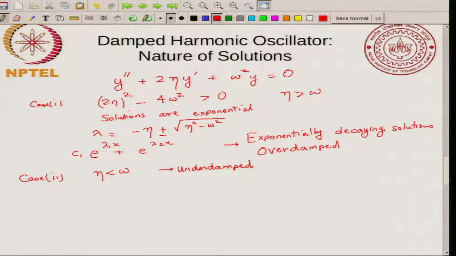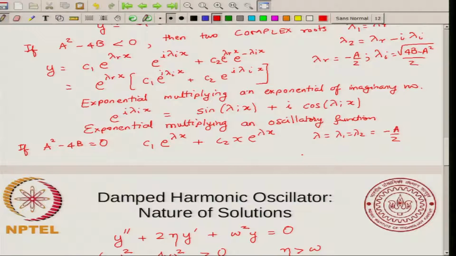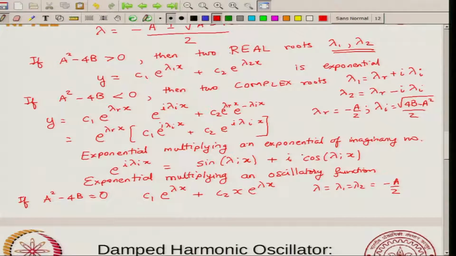It will look like e to the minus eta x times C1 e to the i omega x plus C2 e to the minus i omega x. You can verify this; I just wrote exactly what you had in this case.